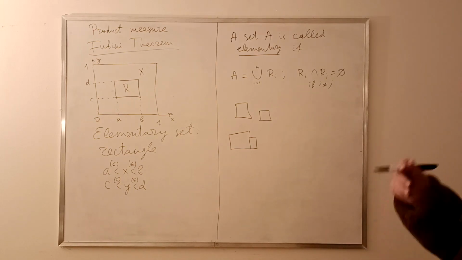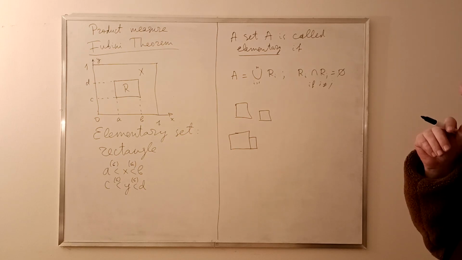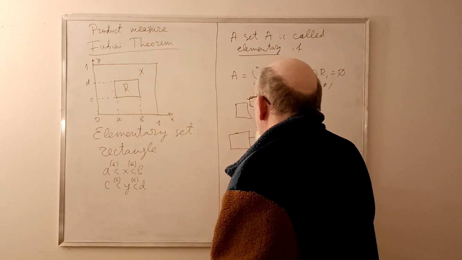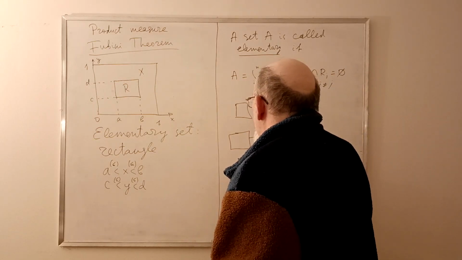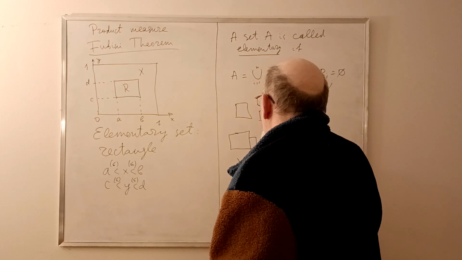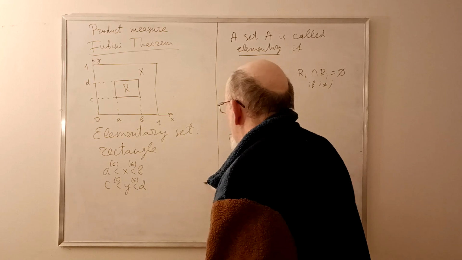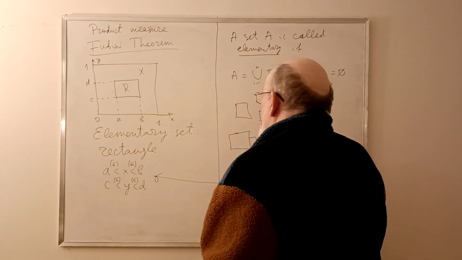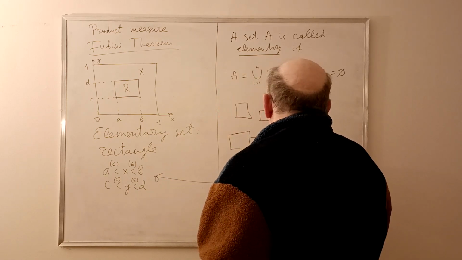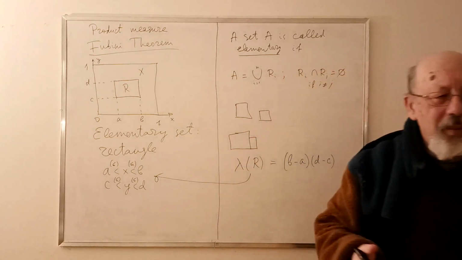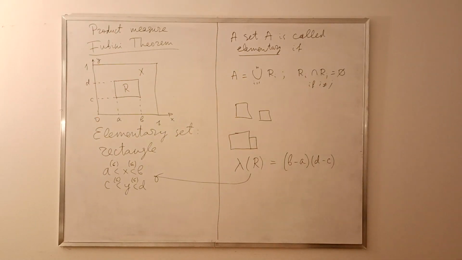Now I want to introduce the measure of this set. The measure, let me denote it lambda of R, where R is this rectangle, equals B minus A times D minus C, like the measure of an ordinary rectangle in ordinary geometry.